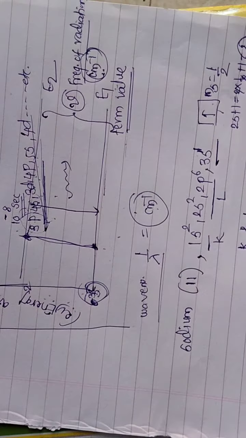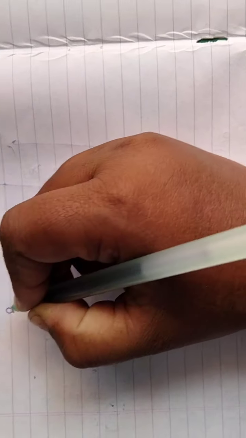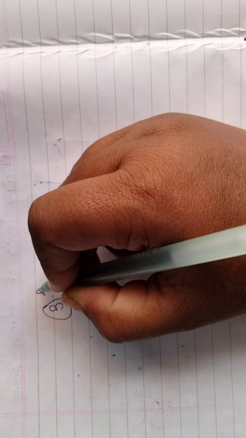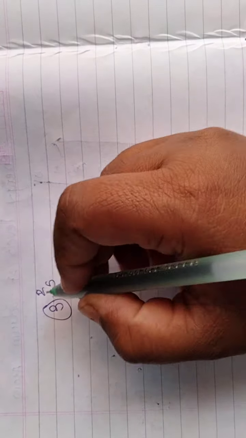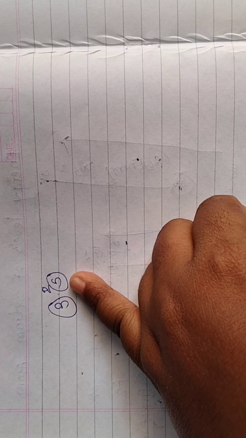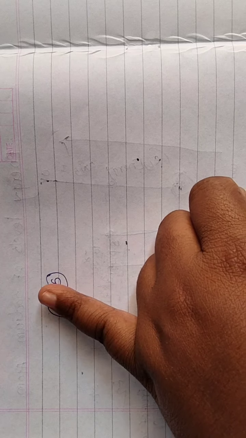So the ground state of this electron is 3 2S. Here 2 is the multiplicity and S is the s orbit. So the electron is in this s orbit, having multiplicity 2.